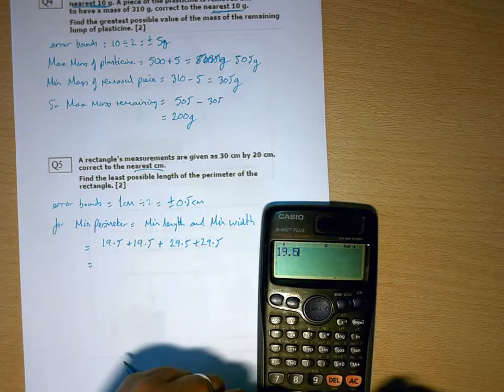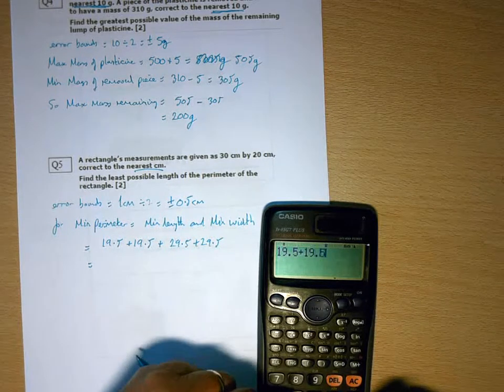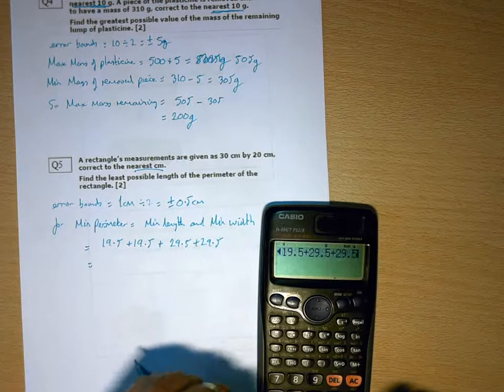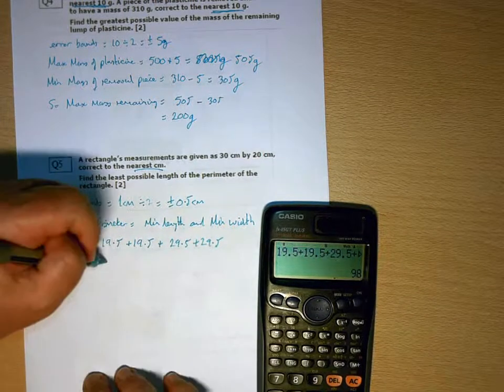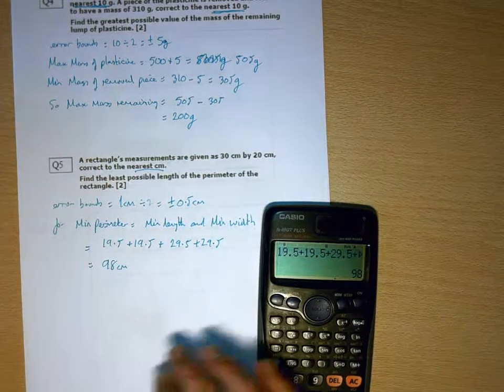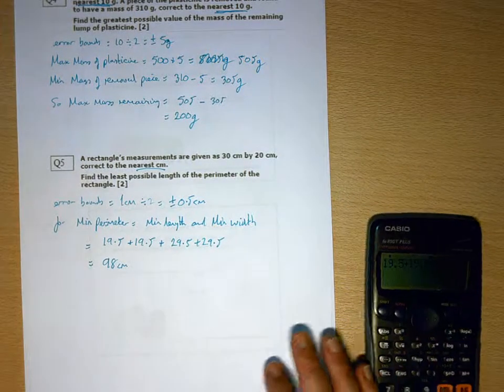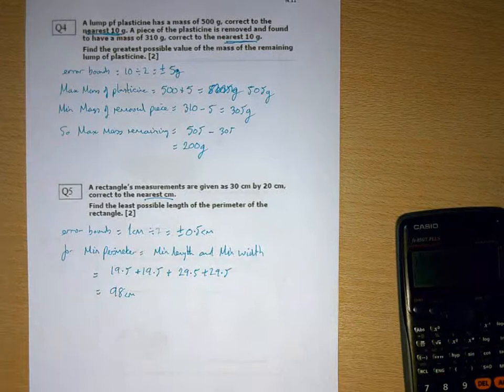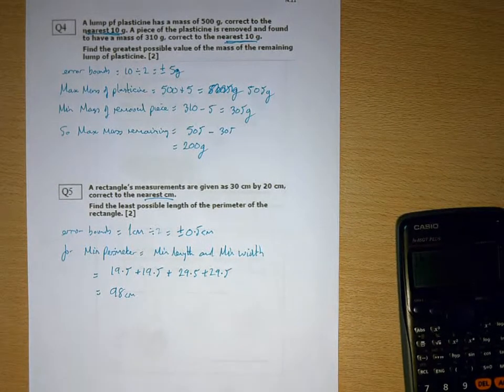I'm going to multiply, do it again. So 98 centimeters will be the minimum perimeter. So there we go, there's some practice at using error bounds to find upper and lower limits when taking measurements.